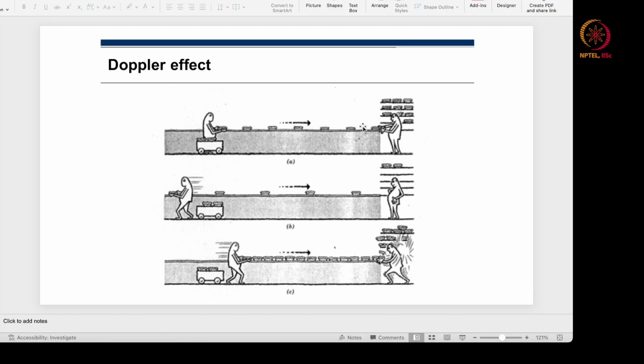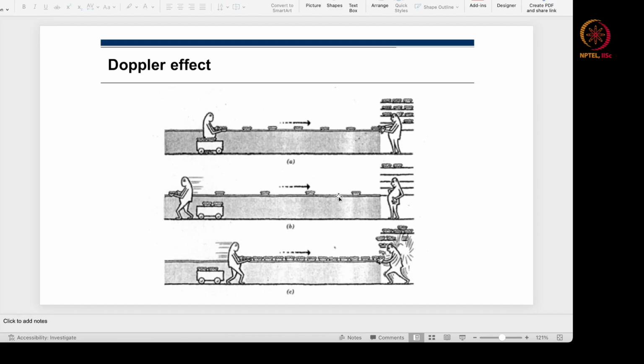If this is the nominal frequency at which he puts the cakes, and he maintains the same rate but moves away at a certain relative velocity with respect to the conveyor belt, it is quite clear that you will get the cakes at a larger interval. You can see the interval is increased. If he moves towards you, you will get cakes at a much smaller interval.